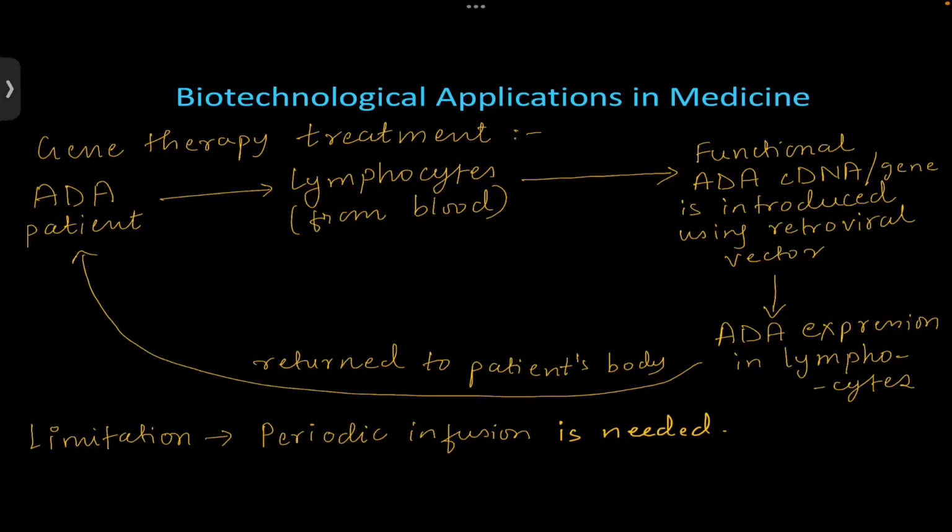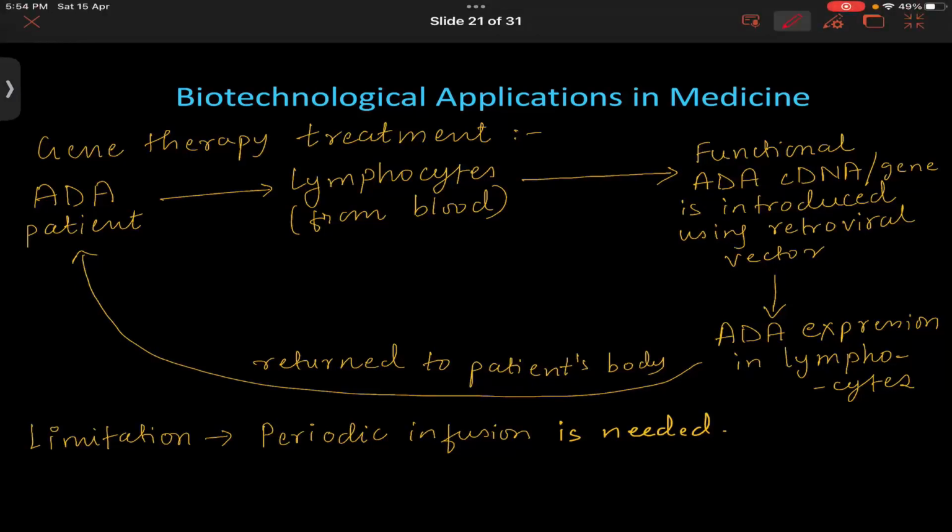From the ADA patient, they isolated that person's lymphocytes from the blood. They took a blood sample, and from the blood sample they isolated the lymphocytes.